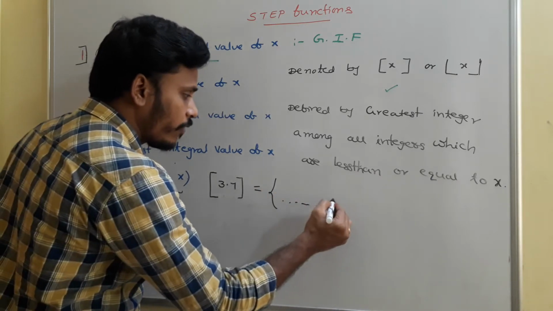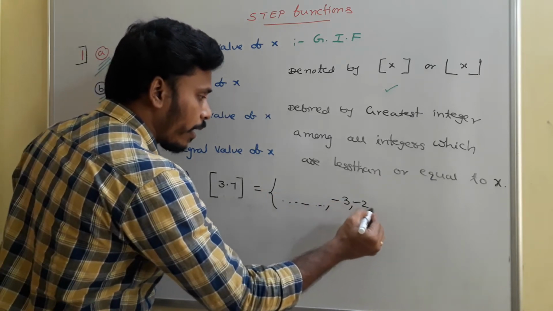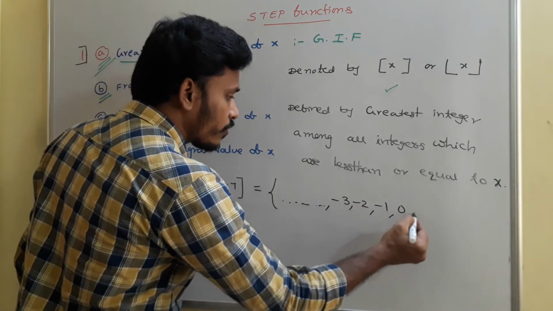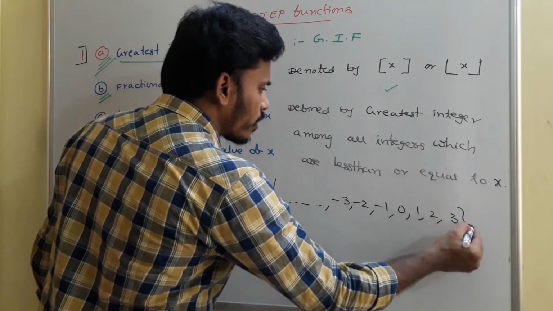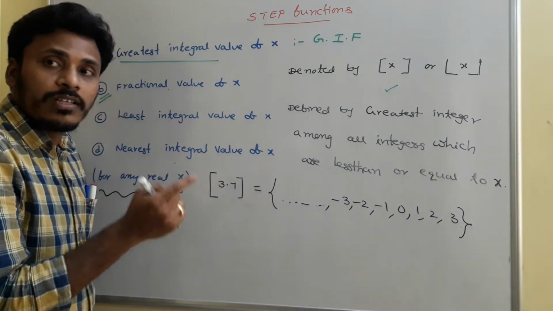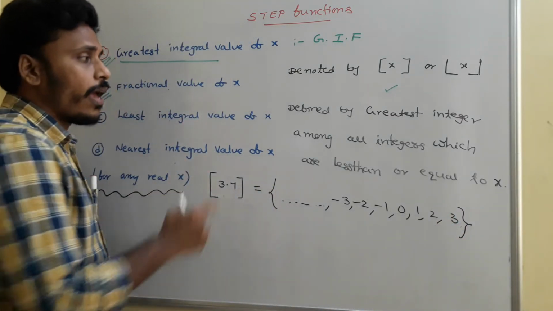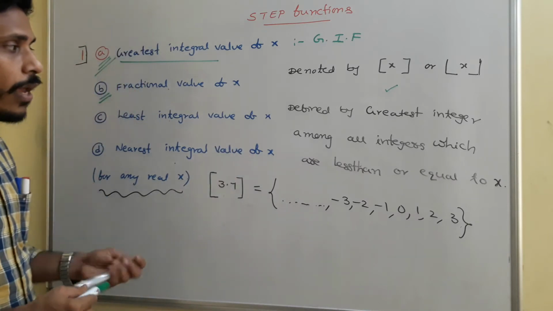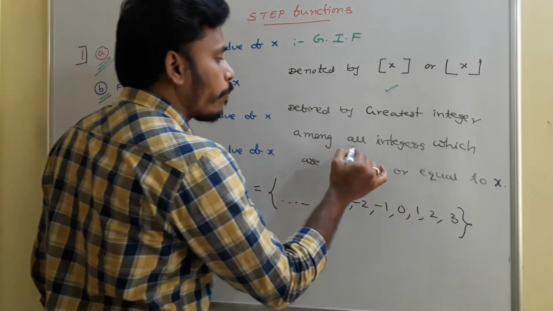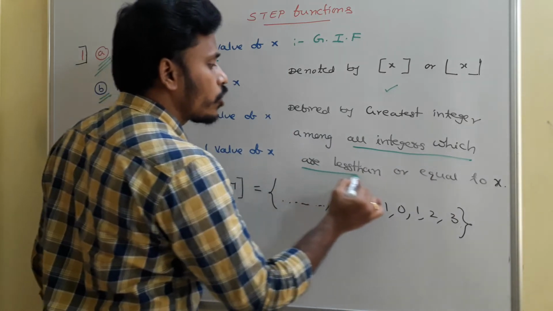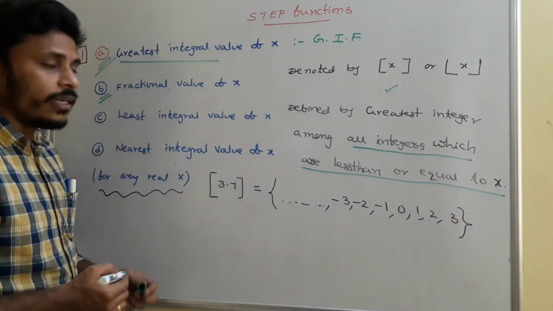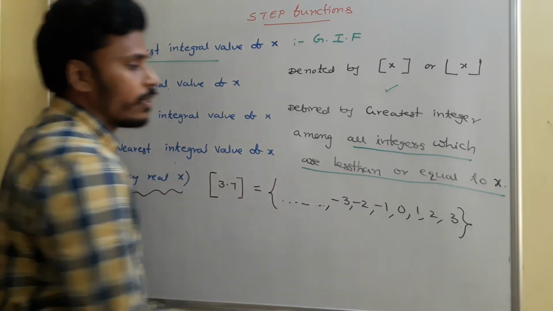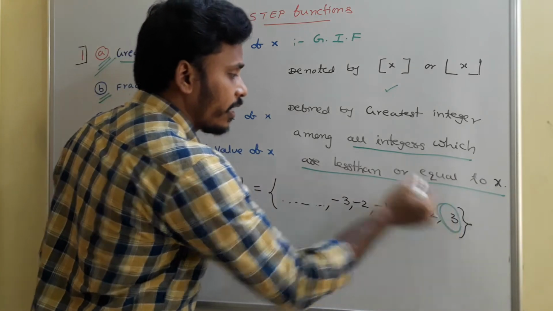Starting from minus infinity, so minus 3, minus 2, minus 1, 0, 1, 2, 3, and we don't take 4, because 4 is not less than 3.7. As per the definition, first locate all the integers which are less than or equal to x, and among them identify the greatest number, and here it is 3.